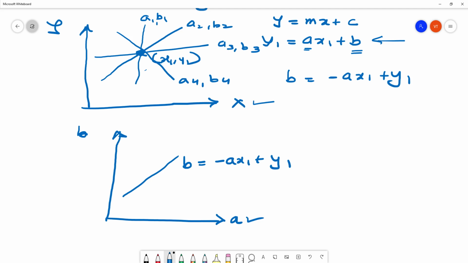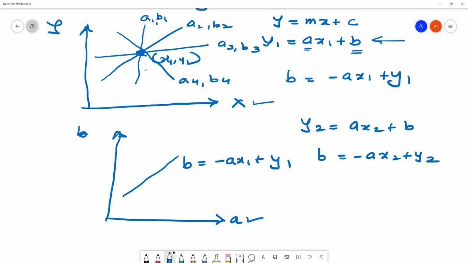Now if we consider another point x2, y2 in the XY plane, the slope intercept equation will be y2 equal to ax2 plus b. Writing this in terms of the AB plane, we get b equal to minus ax2 plus y2.